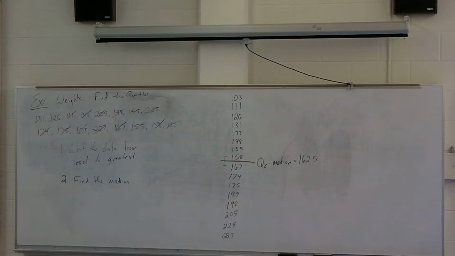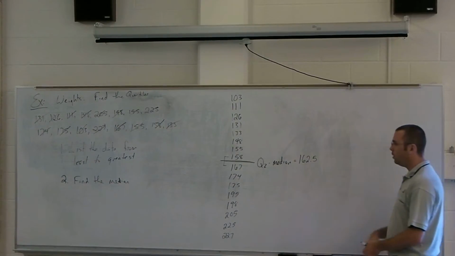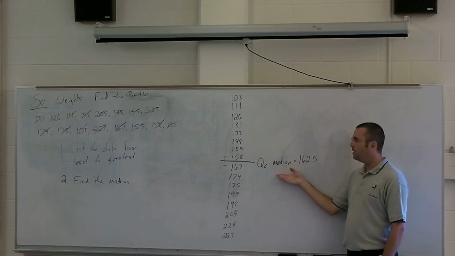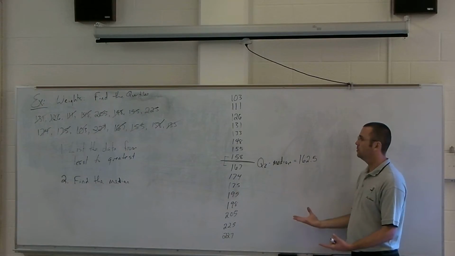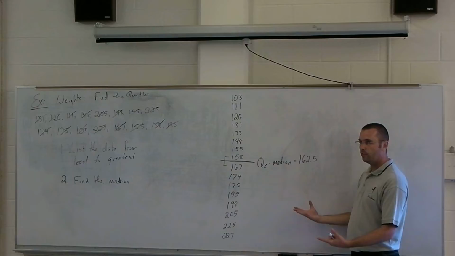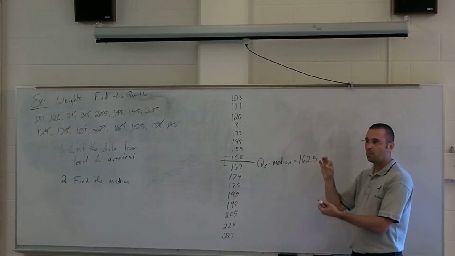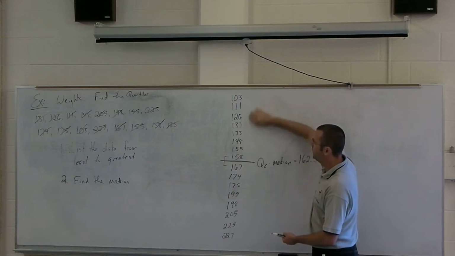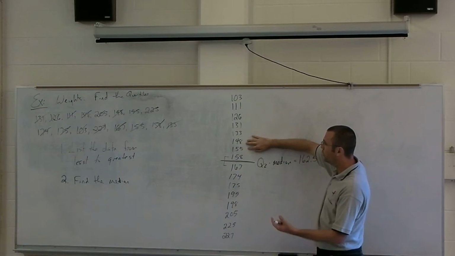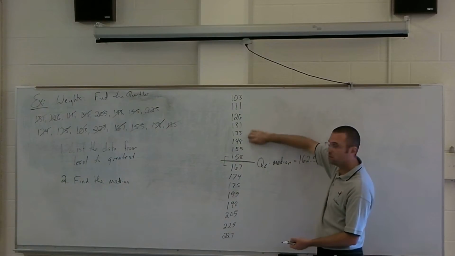Now we need to find the other 2 quartiles. This is no different than what we just did here. Finding the first quartile means doing what? The first quartile represents the lower 25%, right? Well, this is the lower 50%. Where's the lower 25%?